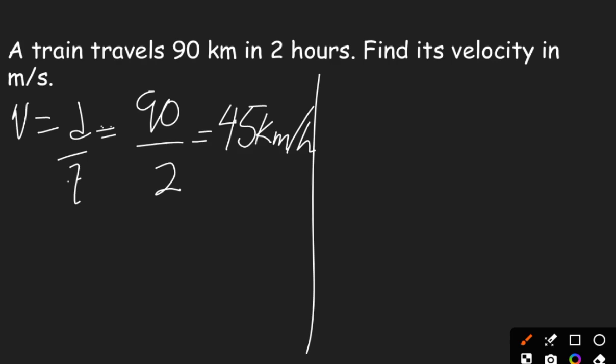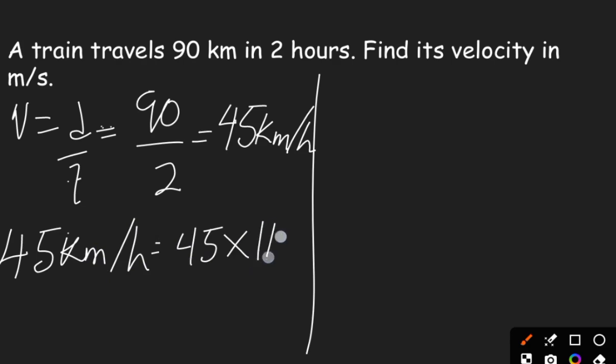Now, 45 kilometer per hour means 45 times 1 kilometer over 1 hour. That's what it means.